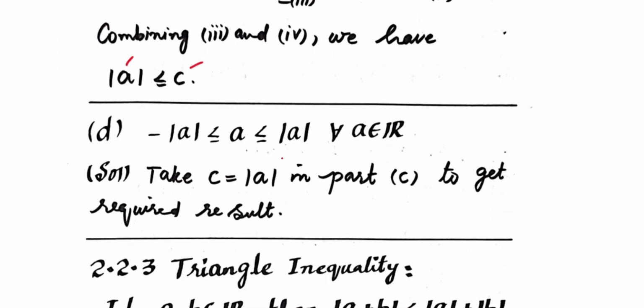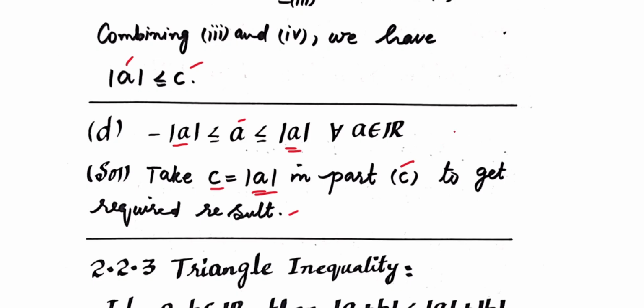Part D. This is also very interesting. For any real number A, it lies between minus absolute A and plus absolute A. To prove, just take C equal to absolute A in part C to get the required result.